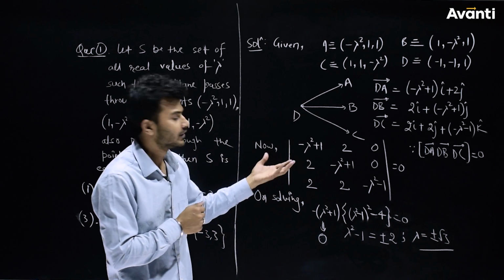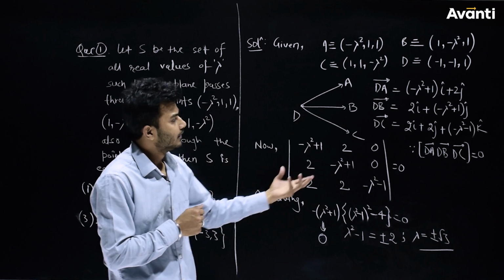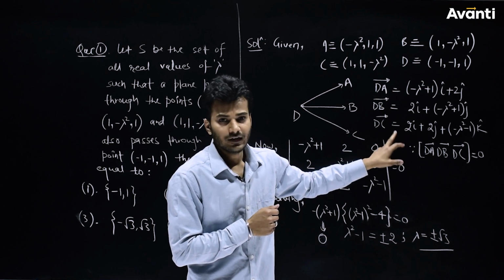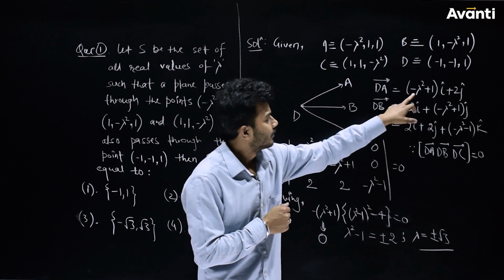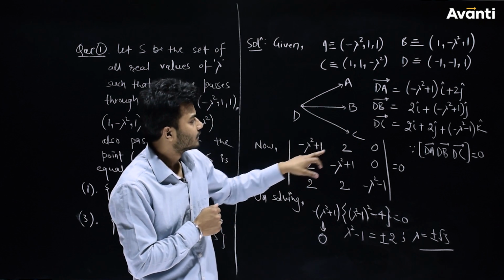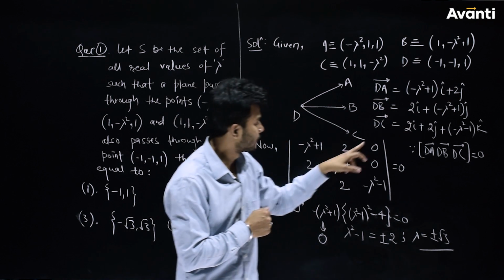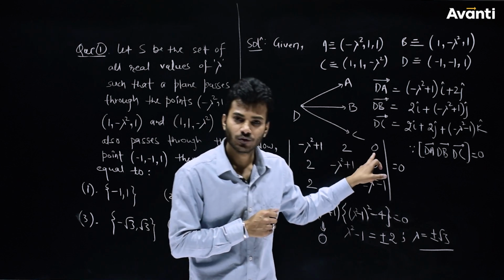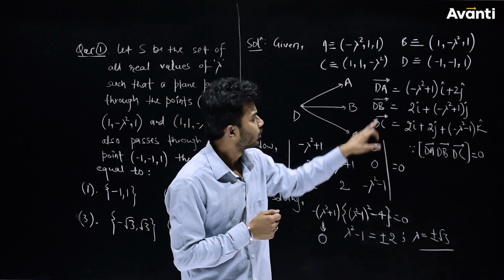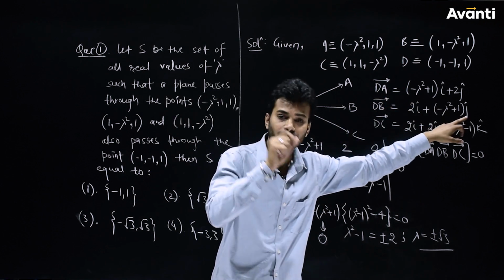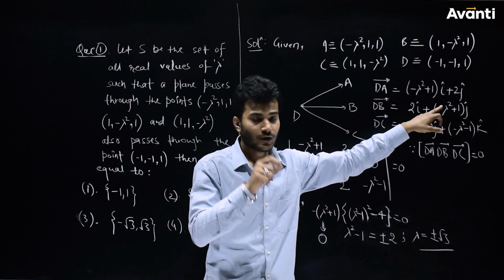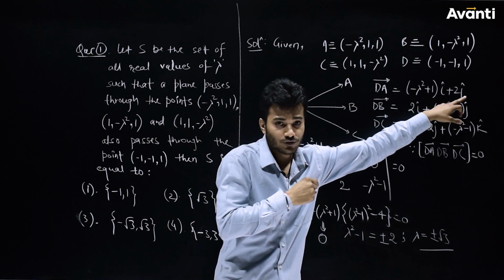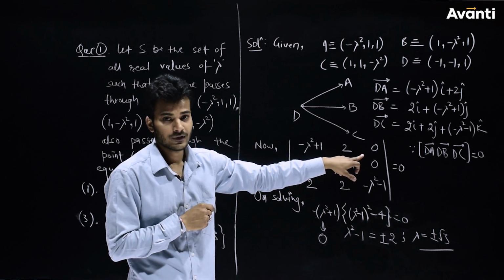So here we have the determinant of the dA vector, dB vector and dC vector. Minus (lambda square plus 1), then 2, and you can see this value is 0. The reason is pretty simple: in dA, there is no component of k, so it will be 0 this time.